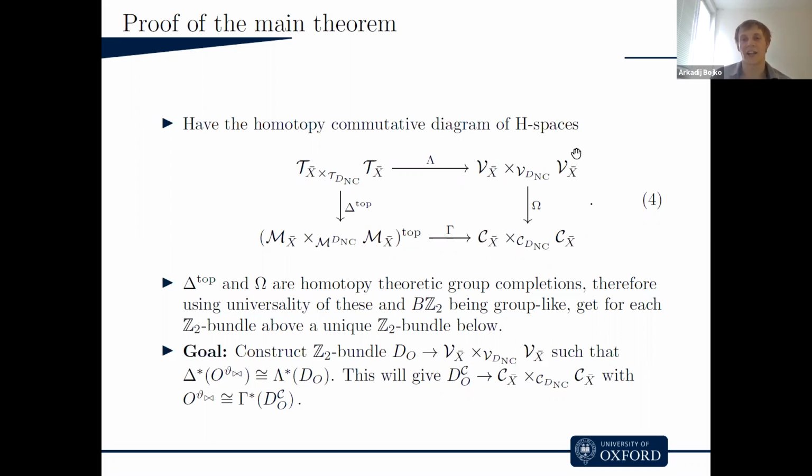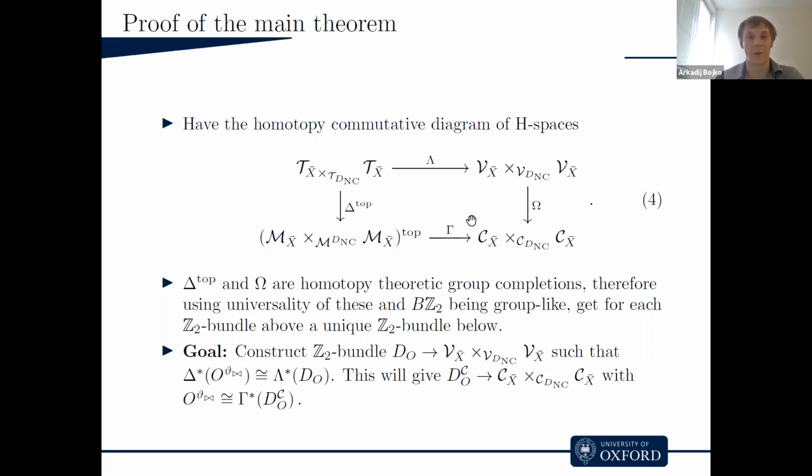So for this, I need to construct some Z2 bundle here on the top. Let's call it DO, on VX bar cross VD and CVX bar. This Z2 bundle will immediately give me a Z2 bundle on the bottom.